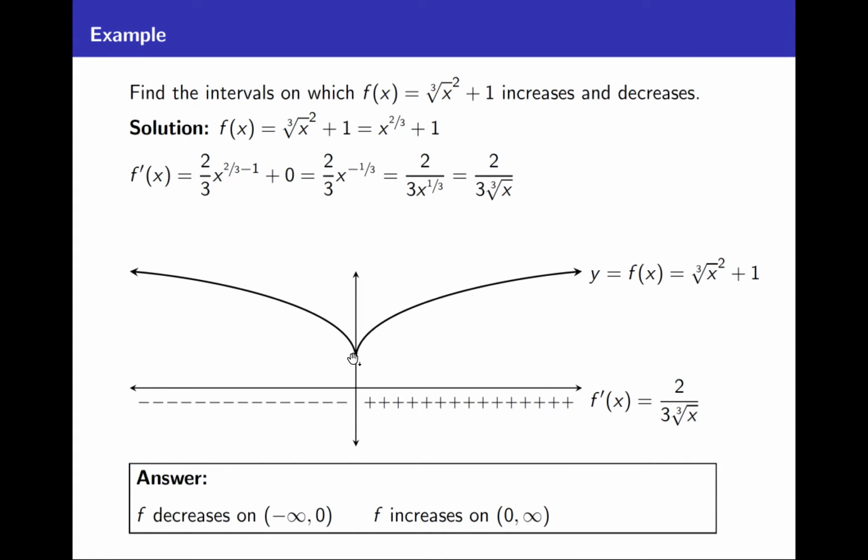But look at where it switches from decreasing to increasing. Something really special happens there. F prime of 0 is not defined. There's no tangent line at x equals 0. So we see in this example, where f switches from increasing to decreasing, it happens at an x value with an undefined derivative.